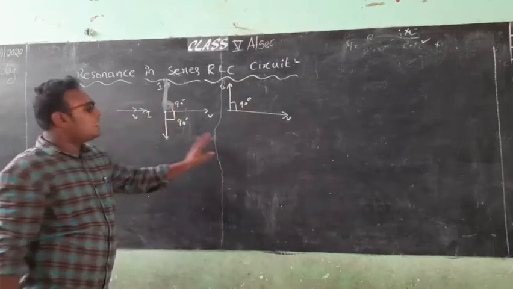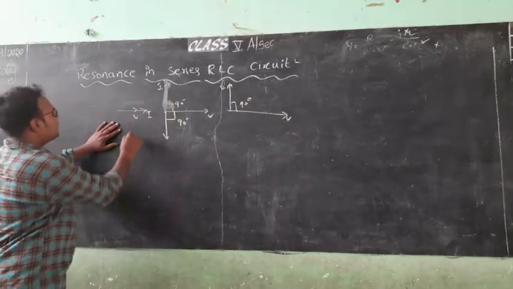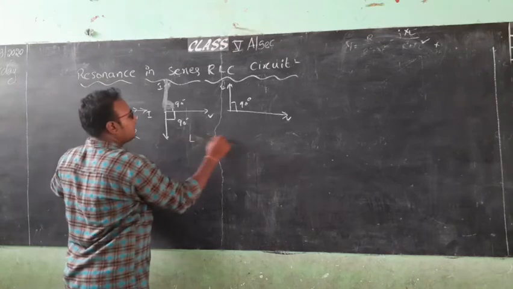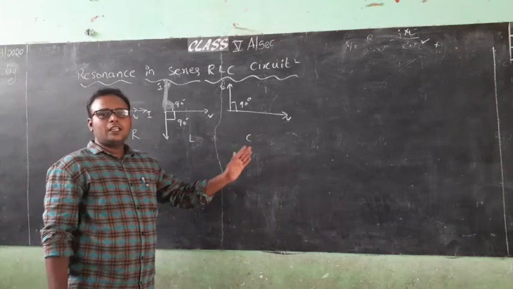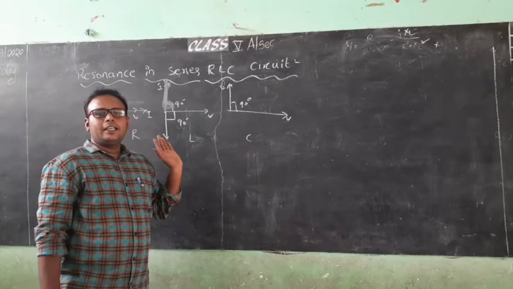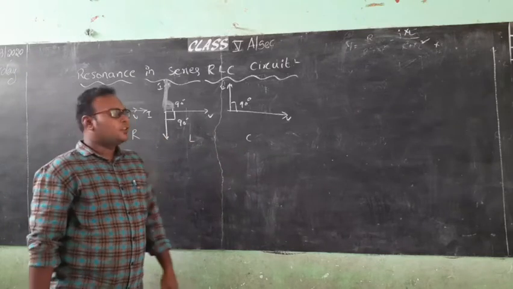So these are the three conditions. This one is the resistor, this one is the inductor, and this one is the capacitor. These are the phasor diagrams of the effects caused when AC supply is applied to the RLC circuit.